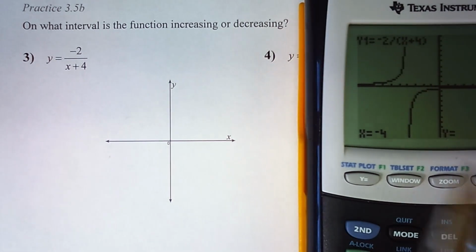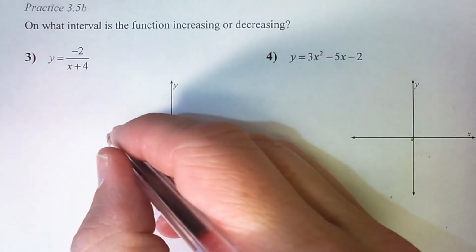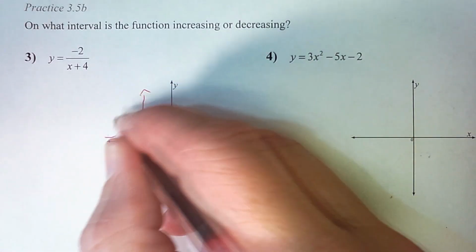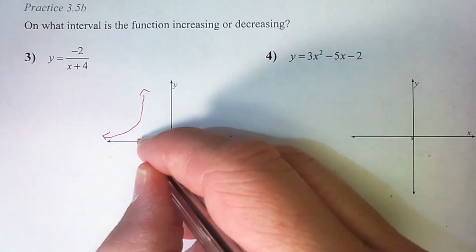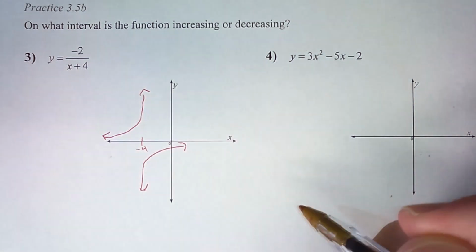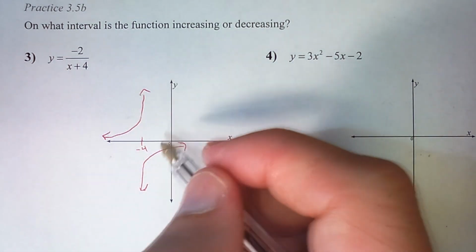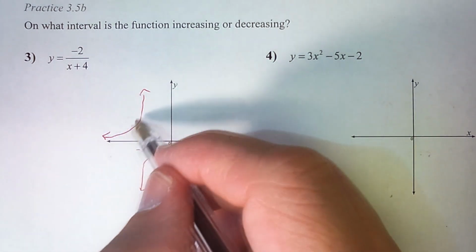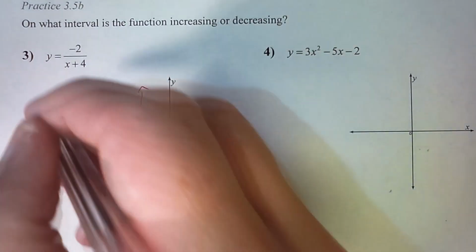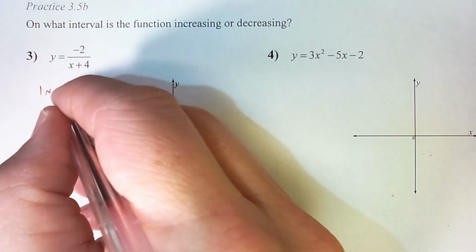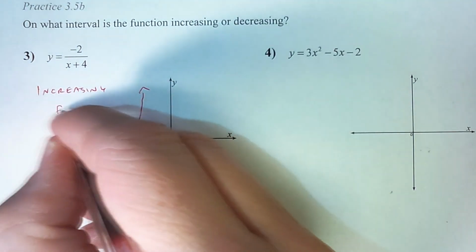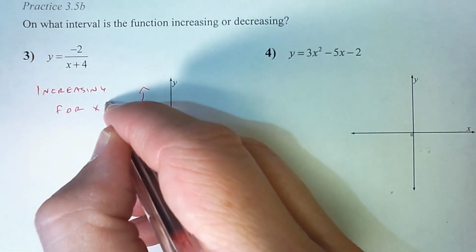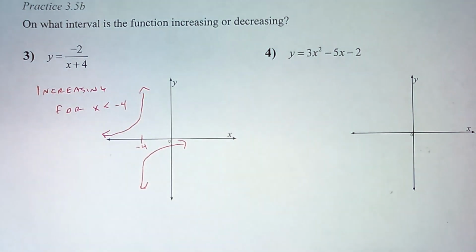Okay, so I'll sketch this graph. Okay, so for x less than negative 4, it is increasing. So I'll write increasing for x's that are less than negative 4.